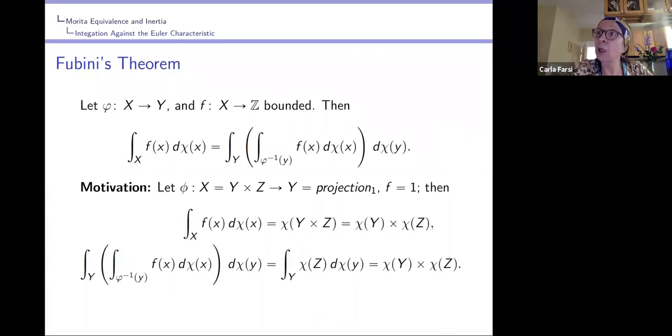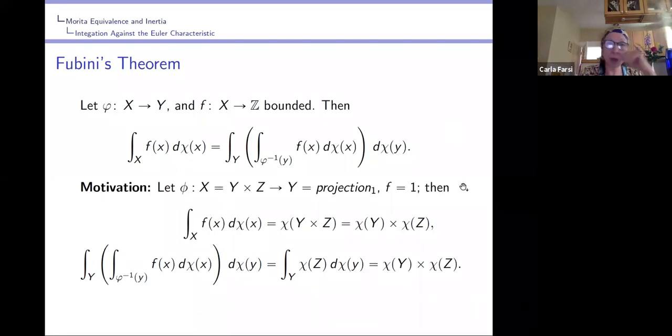What we have here is that if we have a function from X to Y and then a function from X to Z, we can integrate in stages, like Fubini's theorem. The motivation is the case where X is a product, which is the motivating case.